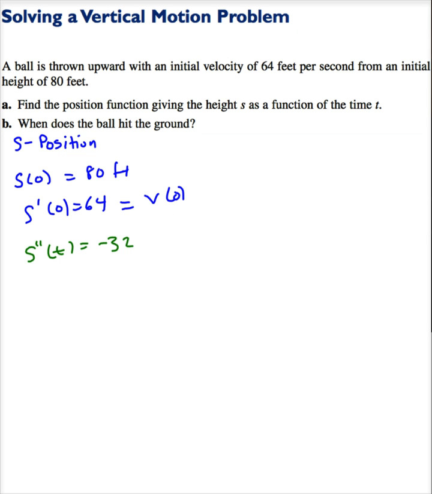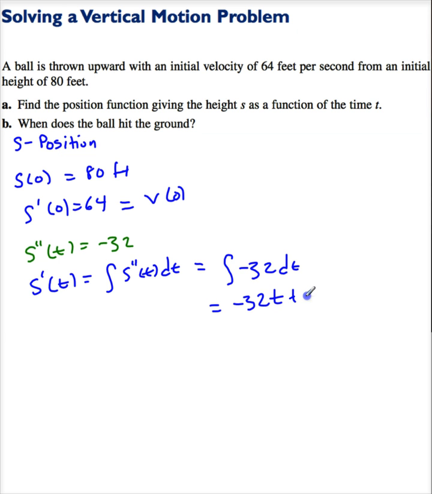How do I find s prime out of this? I know that s prime of t is going to be the integral of s double prime of t dt. So the velocity function is the integral of negative 32 dt, which is negative 32t plus a constant.